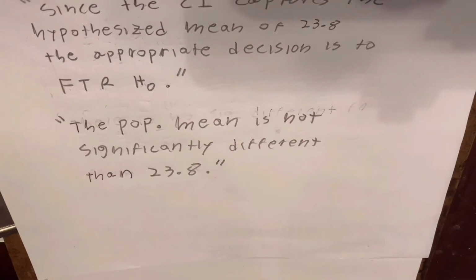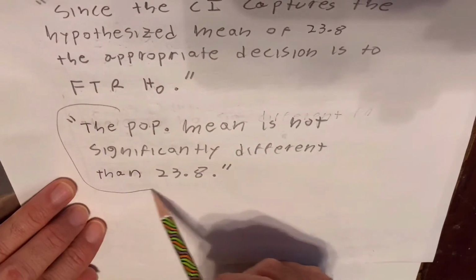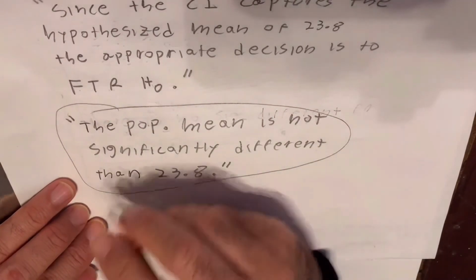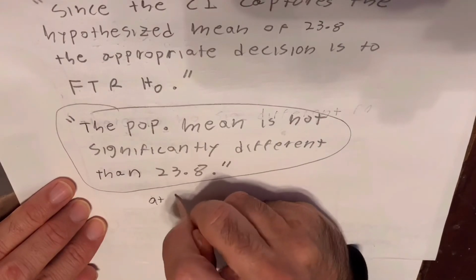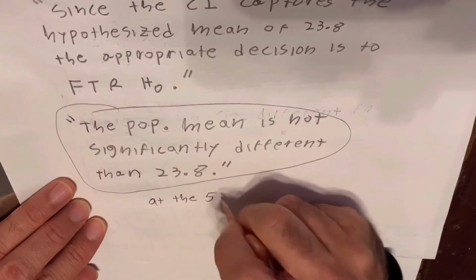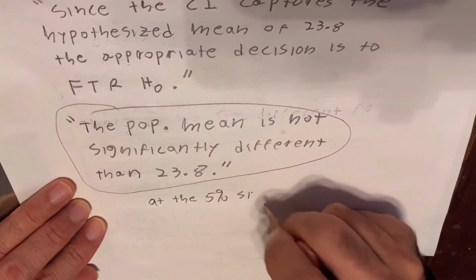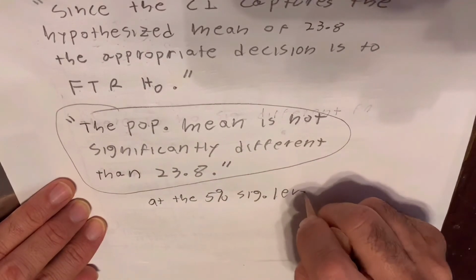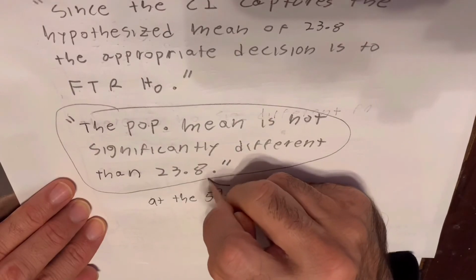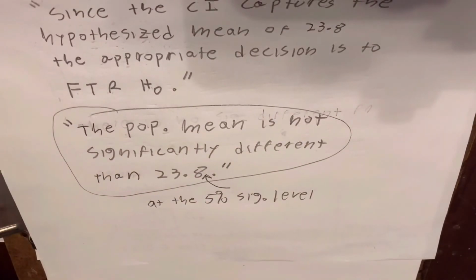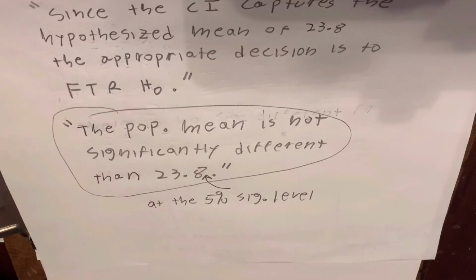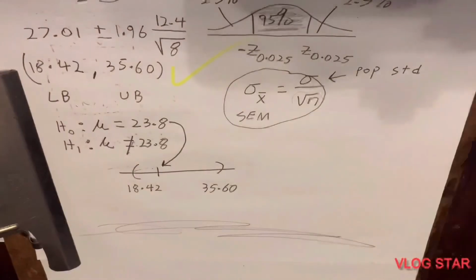In my opinion, that's the way I'd go. You could stick in at the 5% significance level: the population mean is not significantly different than 23.8 at the 5% significance level. So that's the answer to your test question.